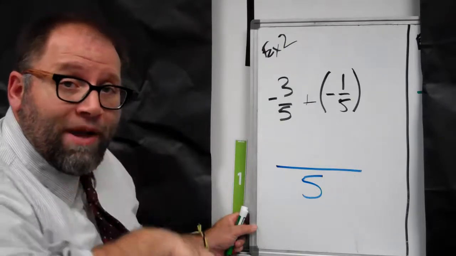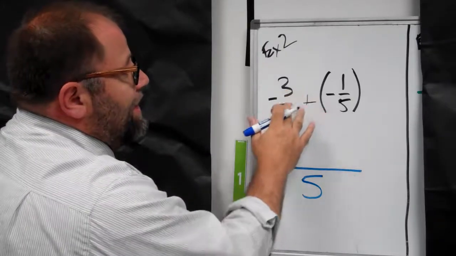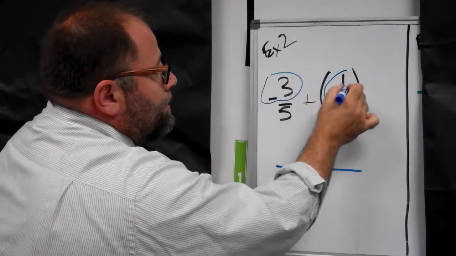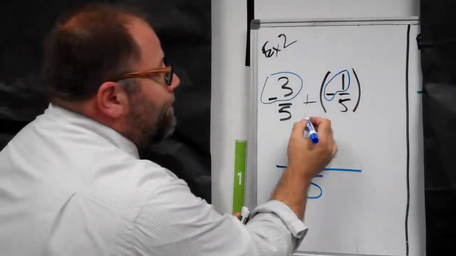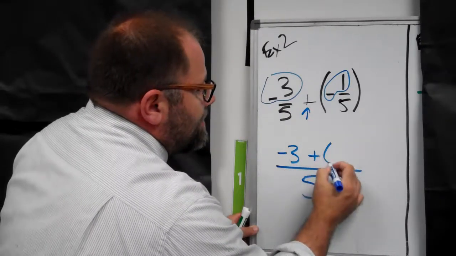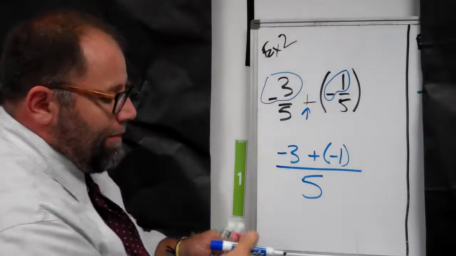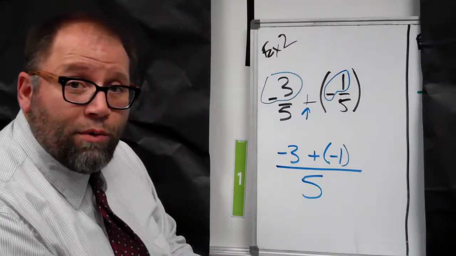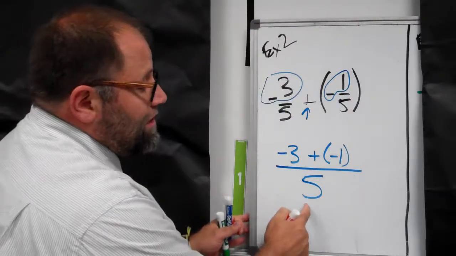Now I want to put my dancers on the dance floor. My dancers are -3 and -1, and we're going to add them. So I have -3 plus -1. By now you're like, that's it? Yes, that's all we're doing. So don't freak out about this denominator.